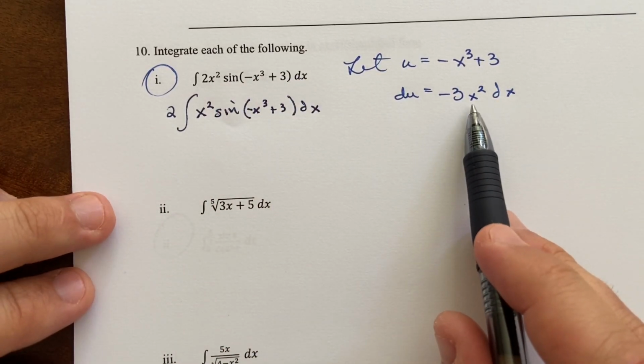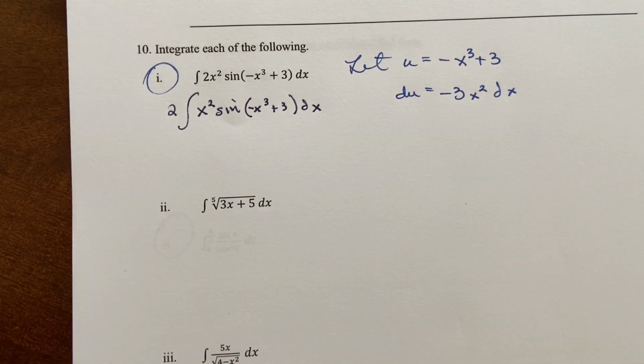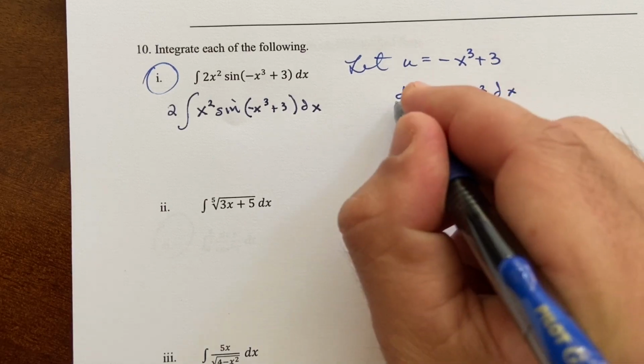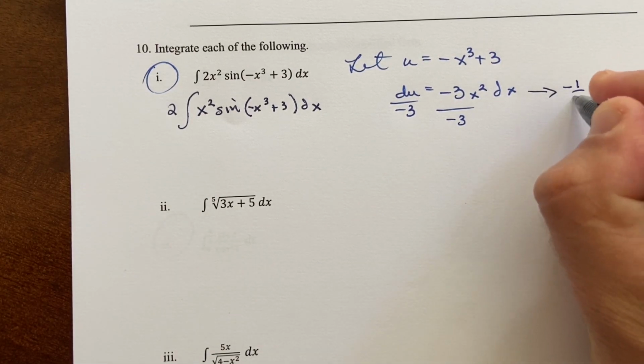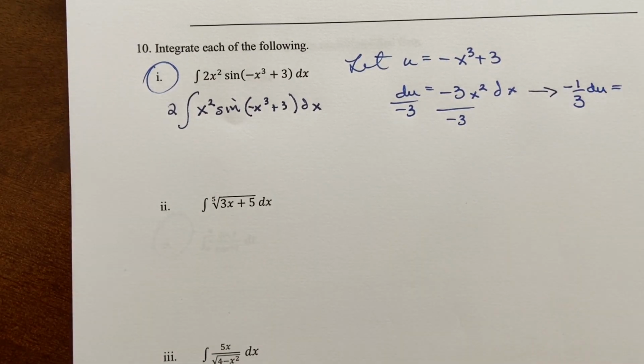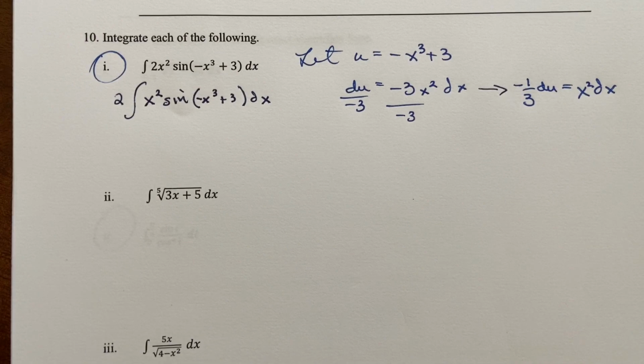So I have an x squared, so what I'll need to do is divide by this negative 3. So I'll need to offset this. So negative 1/3 du will come in for x squared dx. All right, so this will be my substitution.